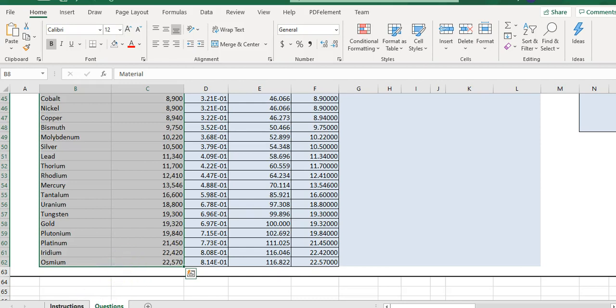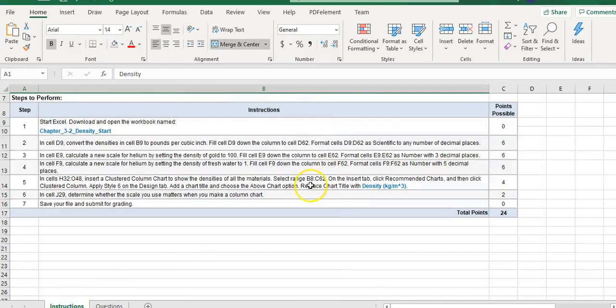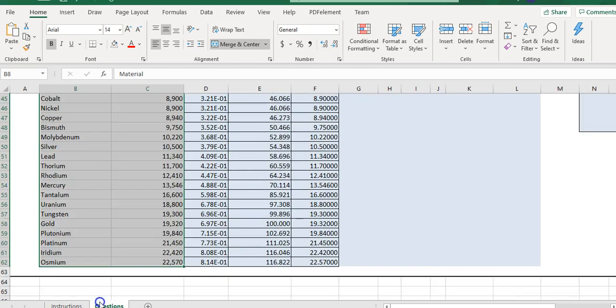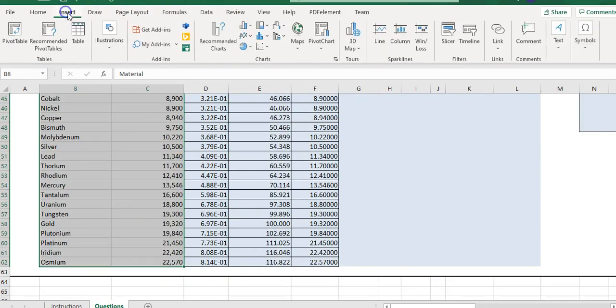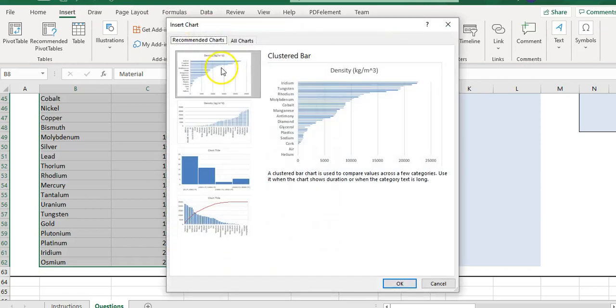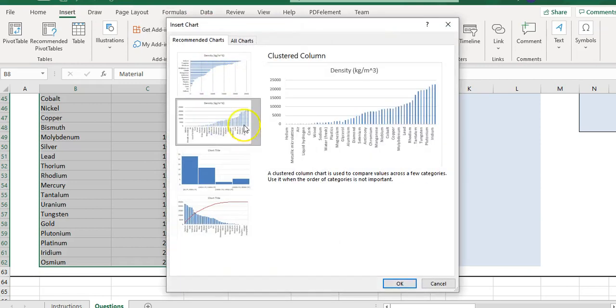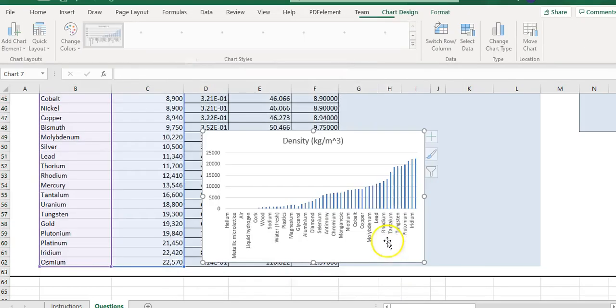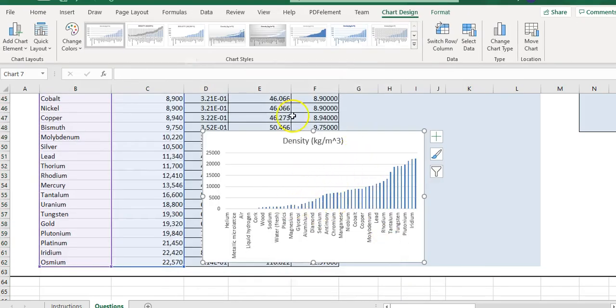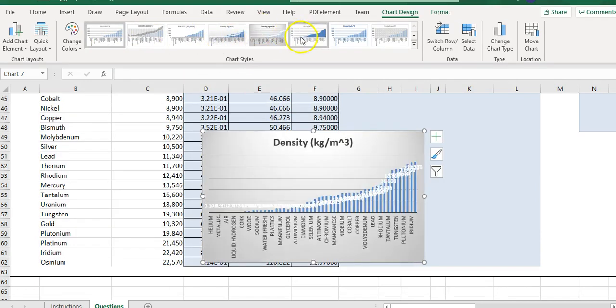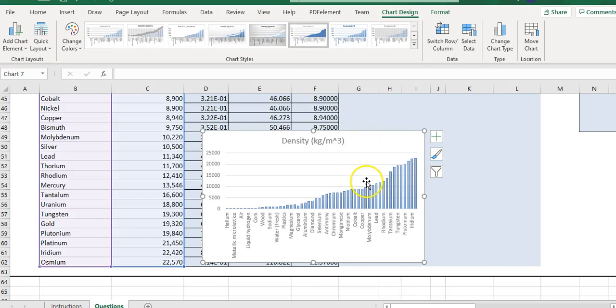And we want to create a clustered column chart, clustered column with style 6. So we're going to insert a chart. We're going to choose the clustered column with style 6. So there's our clustered column, 1, 2, 3, 4, 5, 6, style 6, okay?